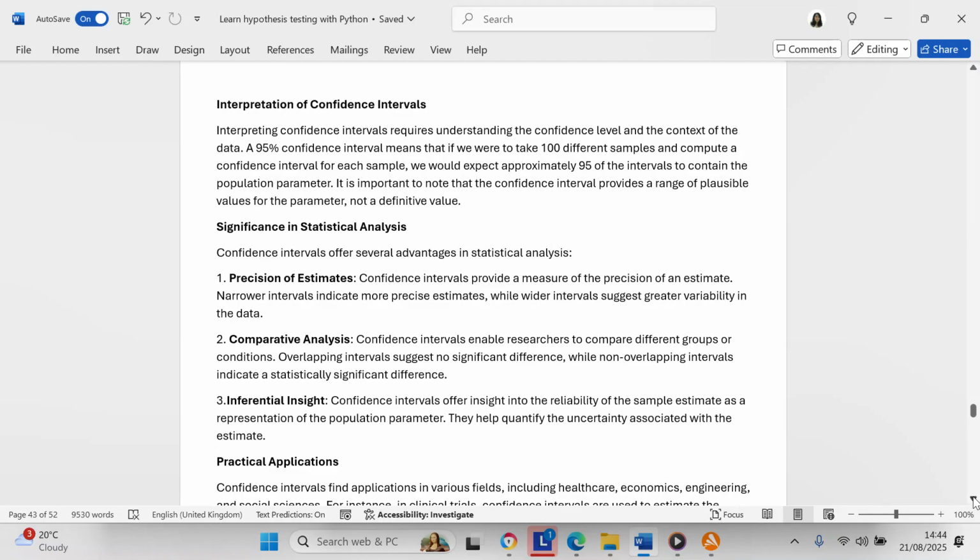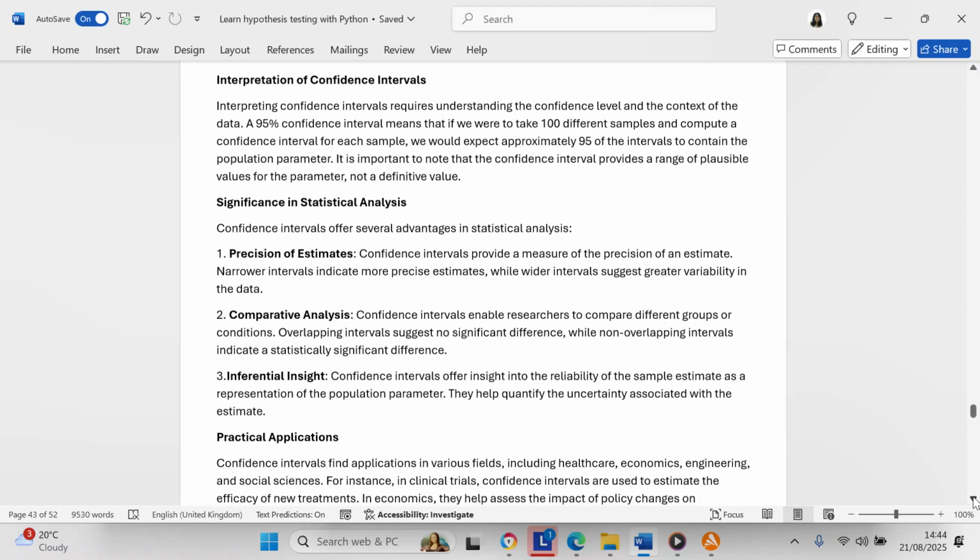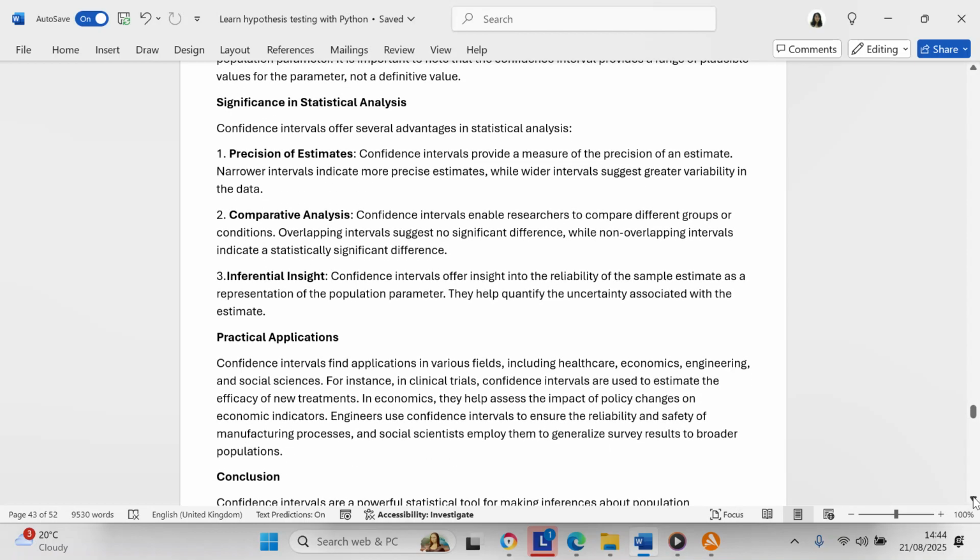It is important to note that the confidence interval provides a range of plausible values for the parameter, not a definitive value. So we give the significance in statistical analysis.